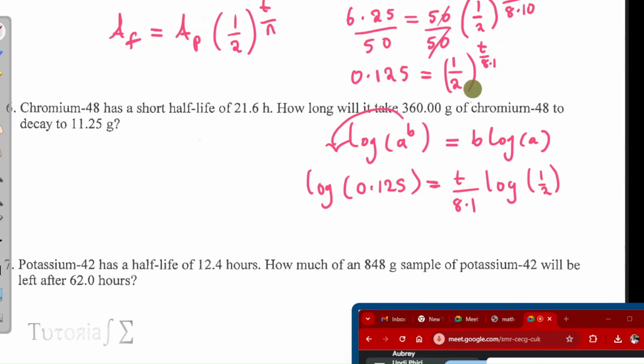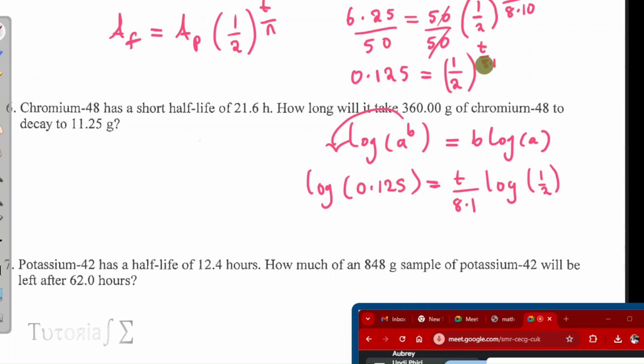So it is dropping as it is. It will be t over 8.1. That is always how you're going to drop if there is need to drop the power there.